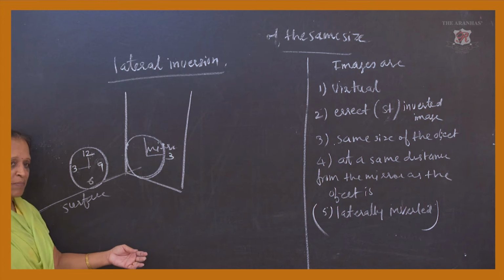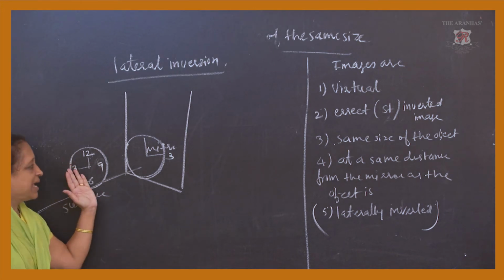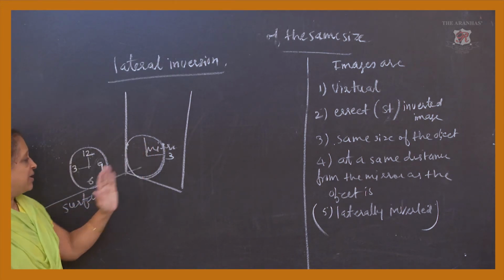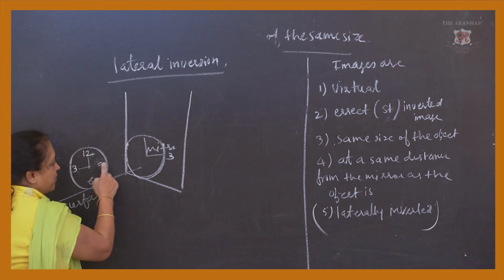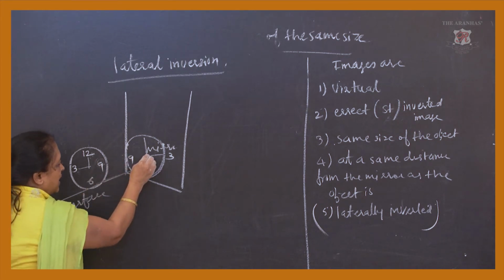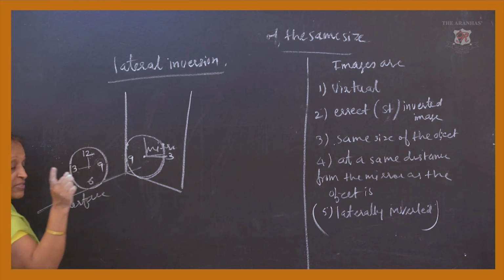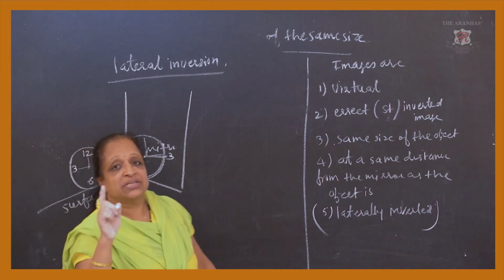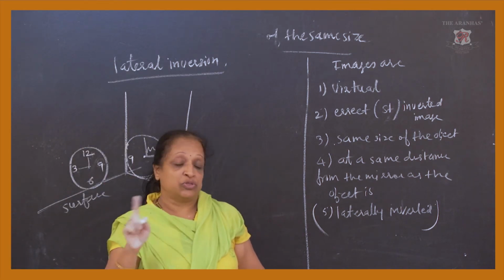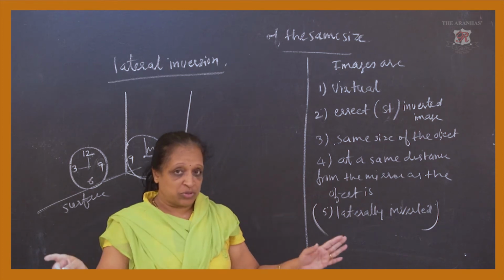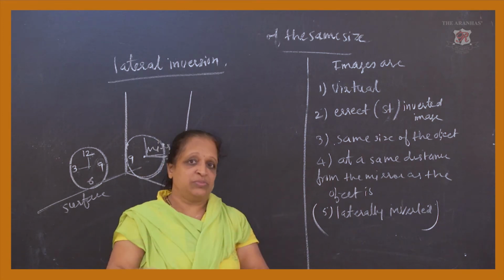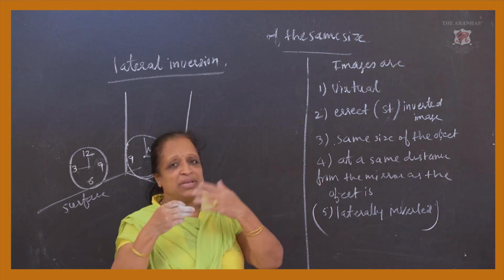The reason is quite simple, because the same image is falling here. So 9 will be reflected here, at an equal distance, because we have seen that image formation can be at an equal distance also. They are of the same size also. They may be smaller than the object, they may be larger than the object; there are many criteria.